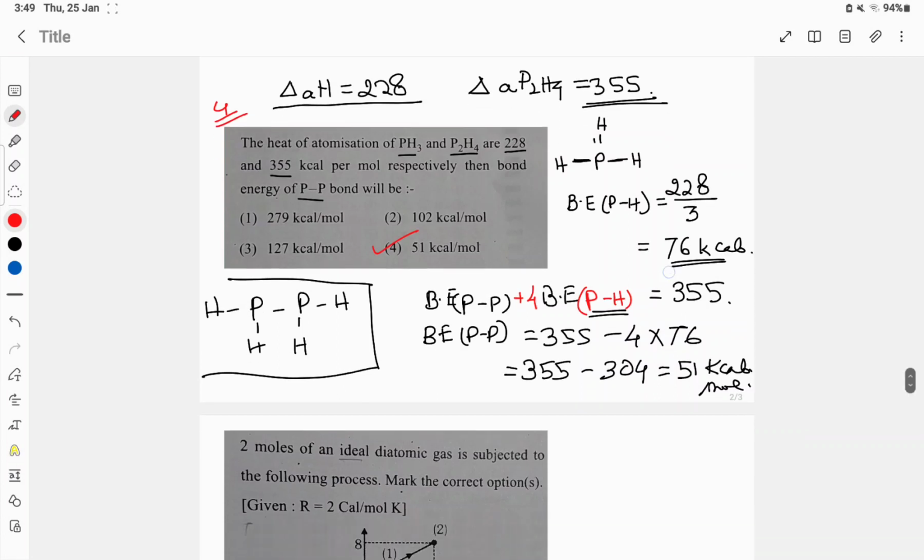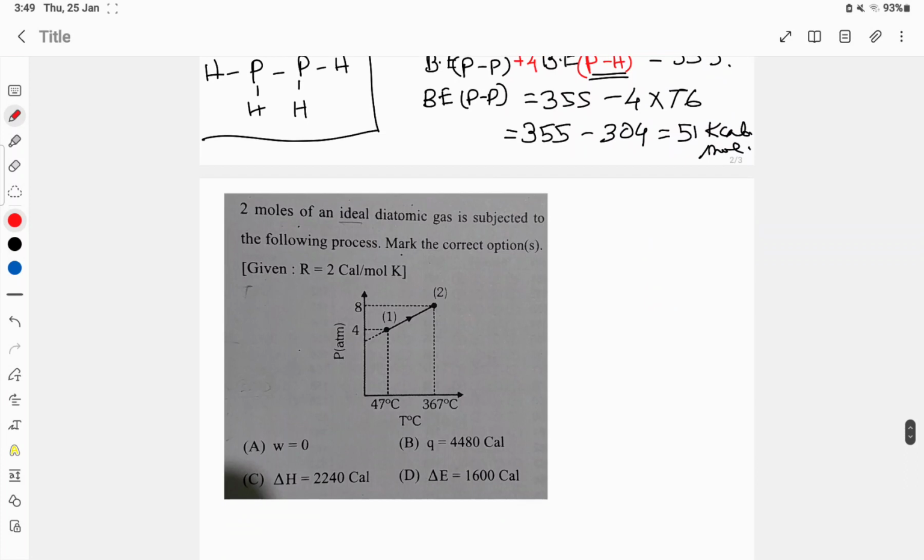Okay then students, let's move on to the last question, question number 5. Here 2 moles of an ideal diatomic gas is subjected to the following process. A P-T graph is given here, pressure and temperature. R is given, and we have to select the correct answer. First A, work done equal to 0; B, heat Q is equal to 44880 calories; the third option is enthalpy change, and the fourth option is internal energy change.